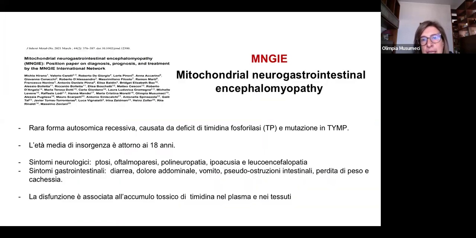Another multi-system condition that is a classic mitochondrial disorder is mitochondrial neurogastrointestinal encephalomyopathy, a rare form of leukoencephalopathy. This is due to a deficiency of thymidine phosphorylase, where patients have ophthalmoparesis, polyneuropathy, and a clear leukoencephalopathy.